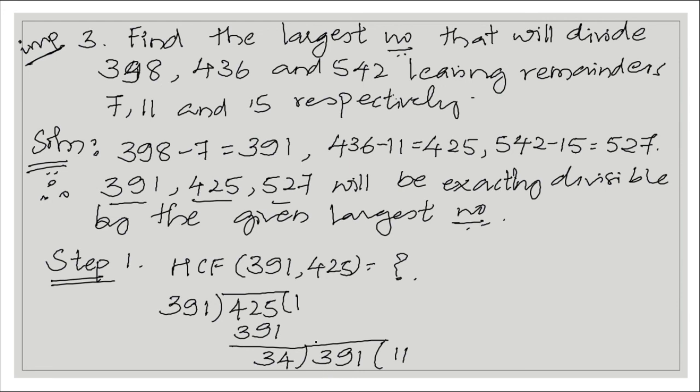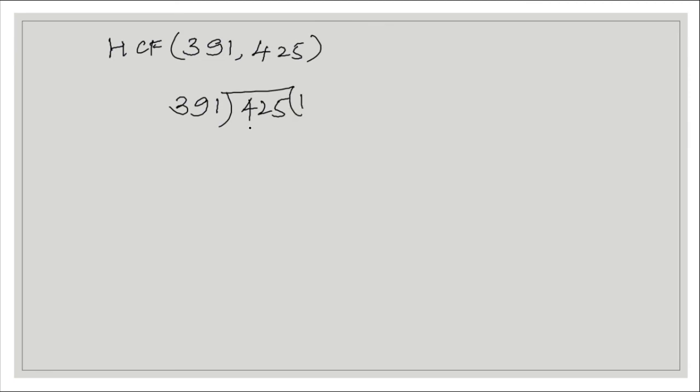I'll do one thing here. The space is not enough. I will take this part to the next page. I'll refresh. I'll once again find the HCF of the numbers 391 and 425. Since the space was less, I am taking this separately and solving it. One time is 391 and the remainder obtained was 34.